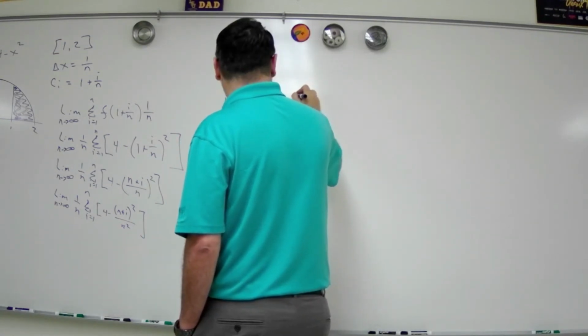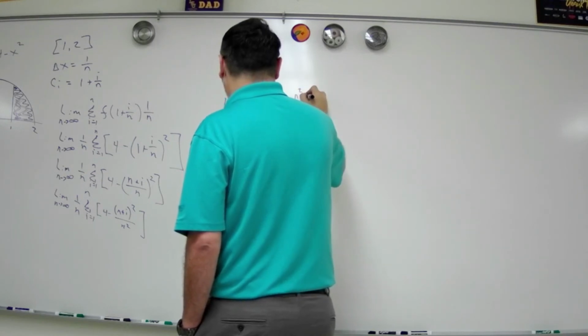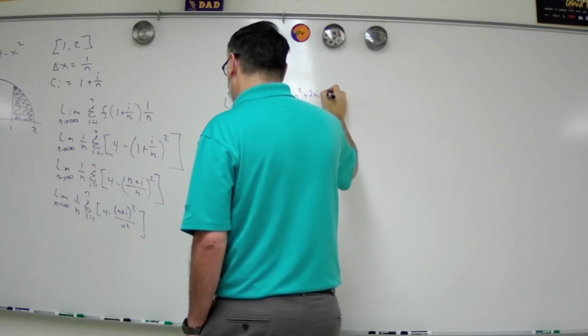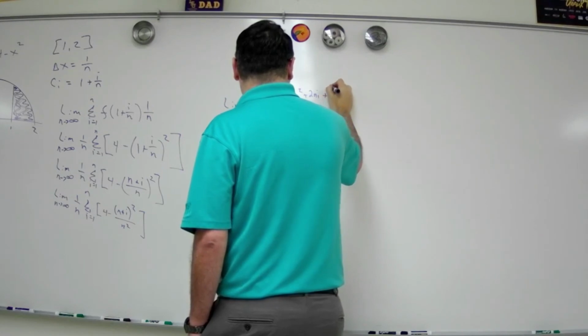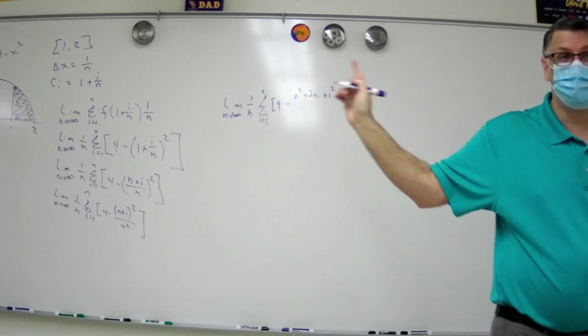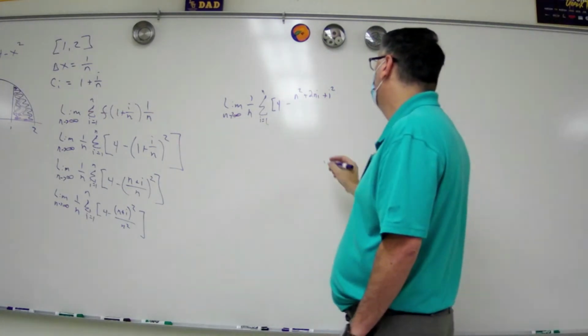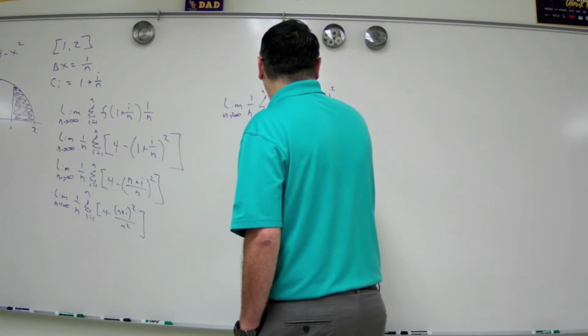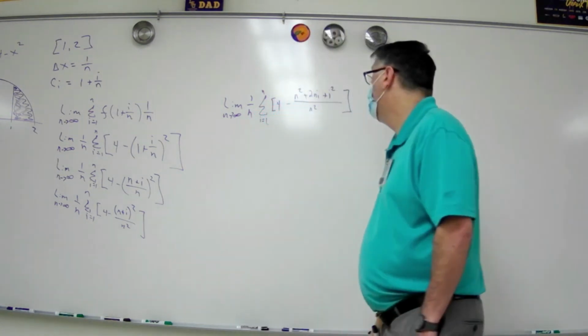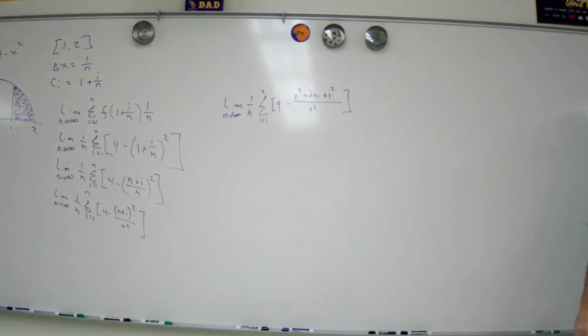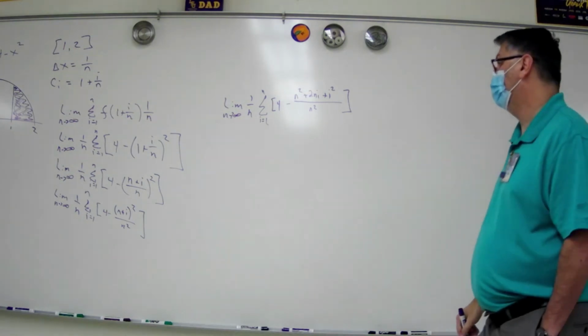Let's see, I've got n squared plus 2ni plus i squared. Do not get confused. This i squared is not negative 1. It's not imaginary. Just algebra right now. Not doing anything crazy.